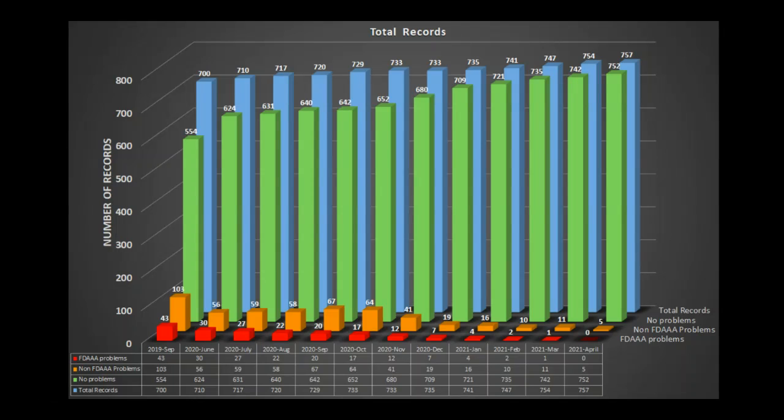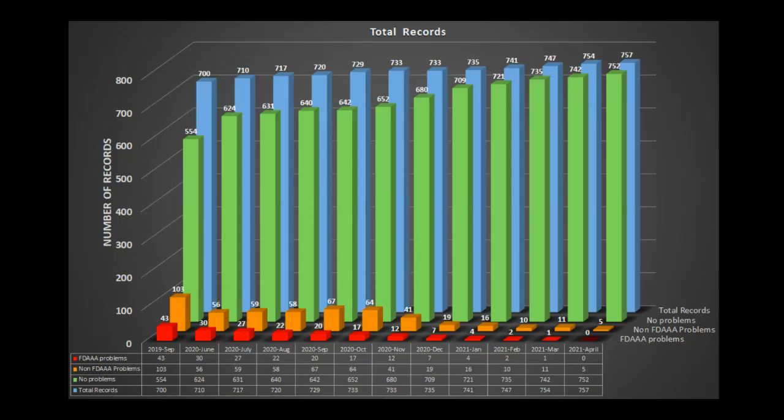So this graph shows overall real-time compliance for all UT Southwestern records. We started managing Parkland records, those are just 3 records with a Parkland account. This blue histogram is the total number of trials registered under UT Southwestern accounts, and green is the number of records with no problem.